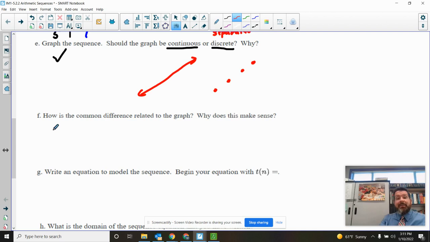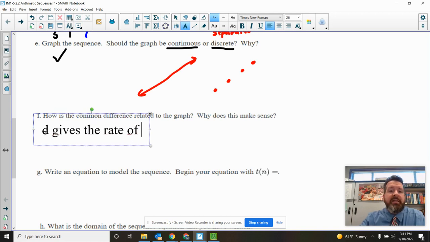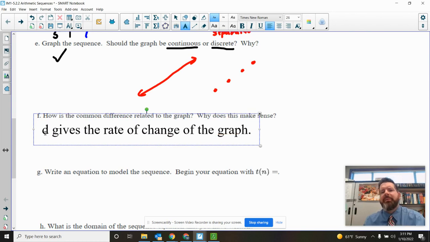All right, we'll try and type it instead. So the common difference d gives the rate of change of the graph. That's how I'm going to describe it.